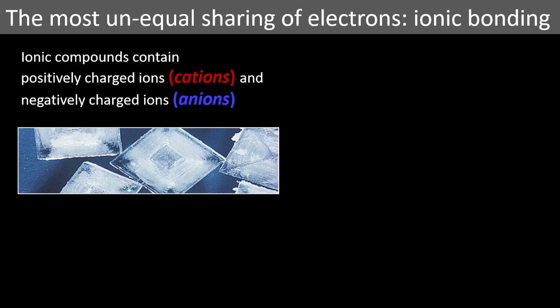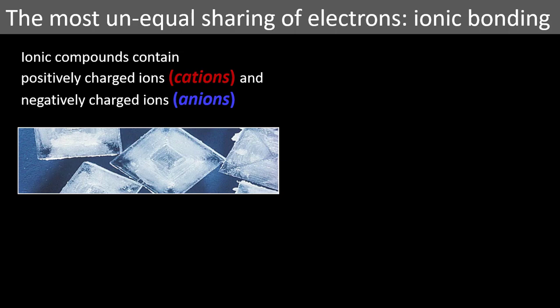Let us start with the most unequal form of sharing, the kind of sharing where one party gets everything and the other gets nothing. I'm talking about ionic bonding. In simple ionic materials, one type of atom gives up one or more electrons to form a positively charged species. We call that a cation. The other type of atom takes one or more electrons to become a negatively charged species.